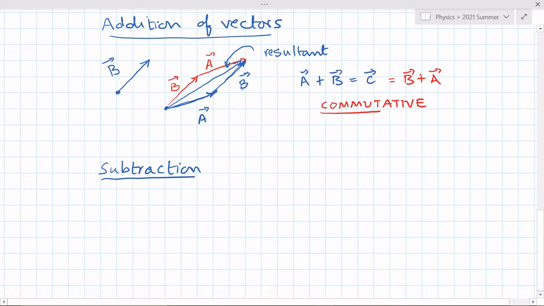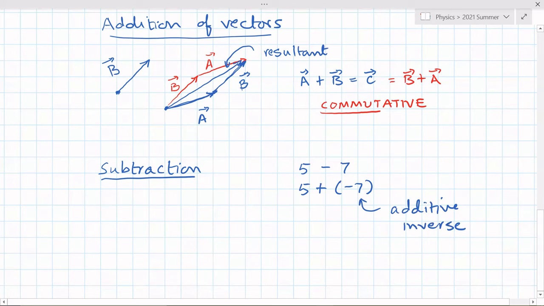One thing you should remember in general that is true is that subtraction is not really much different from addition. For example, if you say 5 minus 7, this is the same as 5 plus negative 7. So subtraction is the same as addition of the negative, which in general terms is called the additive inverse.